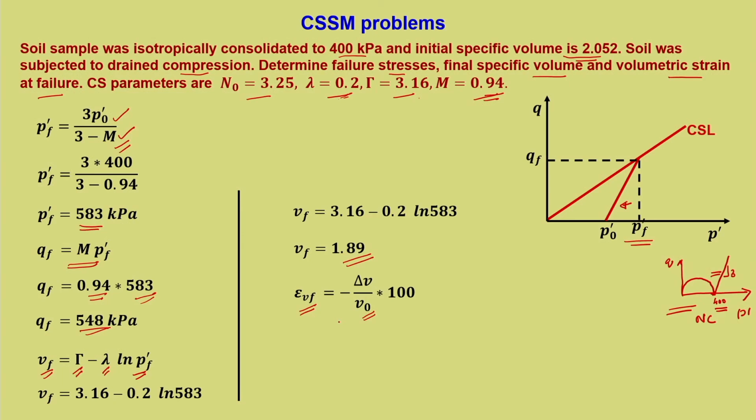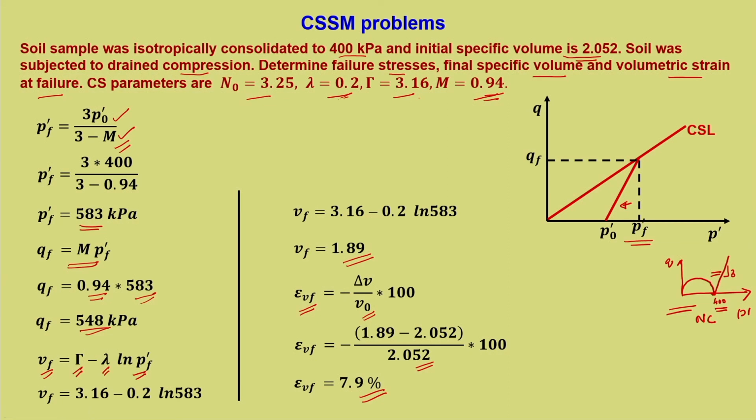So, here it is final minus initial, 1.89 minus 2.052, upon the initial specific volume 2.052, into 100. That will give 7.9 percent. So, that is the volumetric strain at failure.